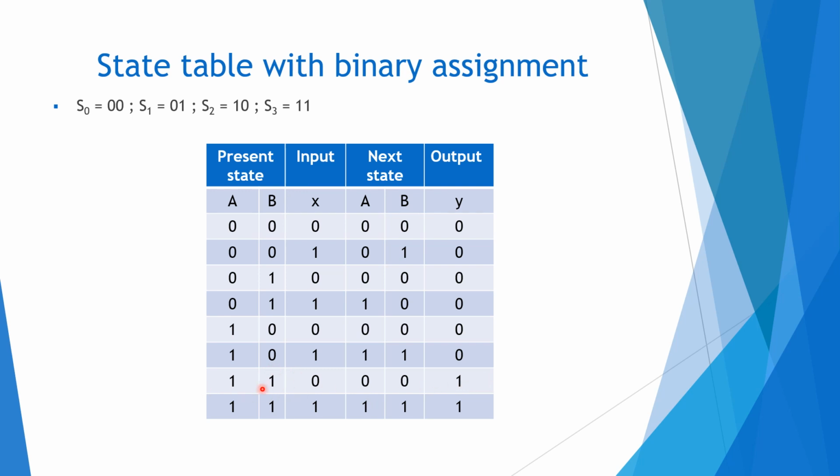So Y is equal to A into B, which you can find directly. And this is the next state, a transition according to the input given here.